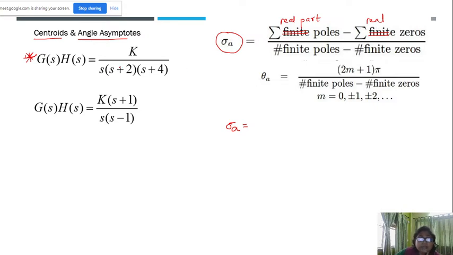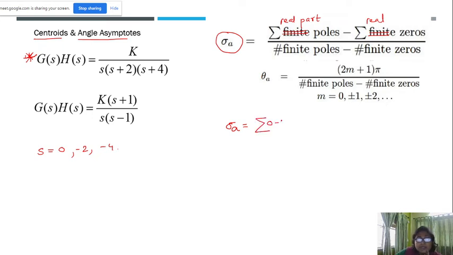So here the poles are real poles, so there will be no complex pole. If the pole is a complex conjugate pole, you need to take only the real parts. Here all the open loop poles are real poles, so the summation of poles will be the summation of 0, -2 and -4.